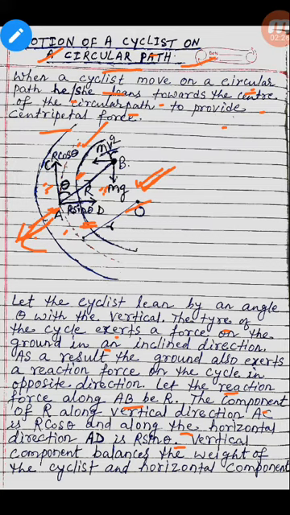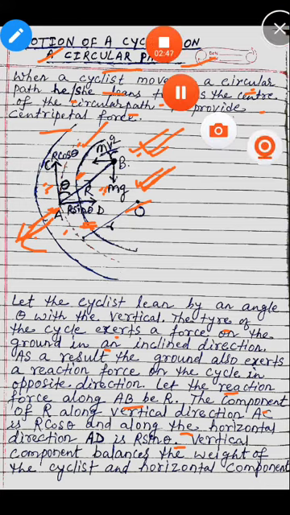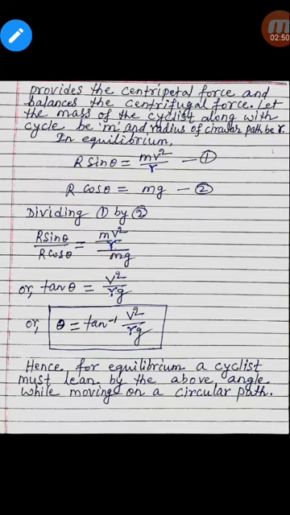And the horizontal component, R sin theta, provides the centripetal force and balances the centrifugal force, which is mv square by r. The vertical component R cos theta balances the weight of the cyclist, and the horizontal component R sin theta gives the centripetal force to the cyclist.